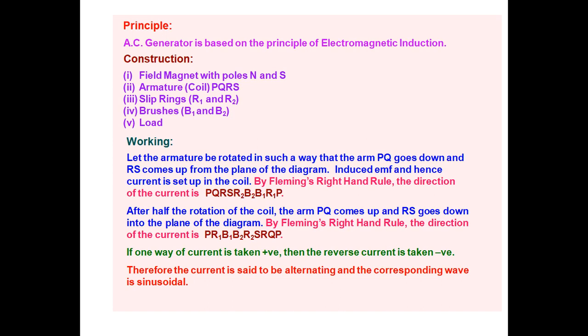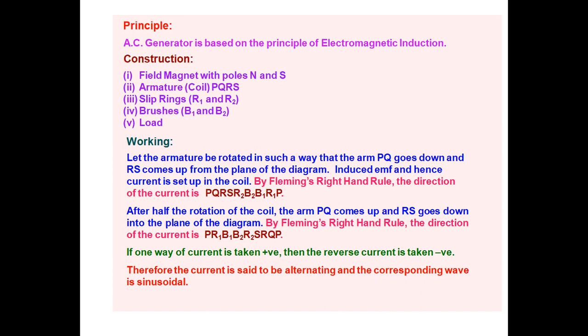In the construction we'll see the two poles, north pole and south pole, the field magnet, and we'll take the armature coil. PQRS is the armature coil, R1 and R2 are the slip rings, B1 and B2 are the brushes, and after that we connect the load. So like this, the principle and construction are there.